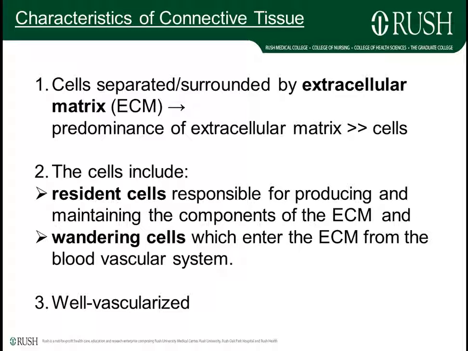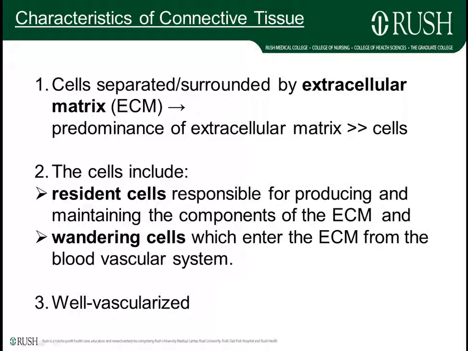And the second group is the wandering cells, which are predominantly differentiated in the bone marrow, and by way of the blood vasculature enter into the connective tissue compartments, where they move around through the matrix and perform their various functions.